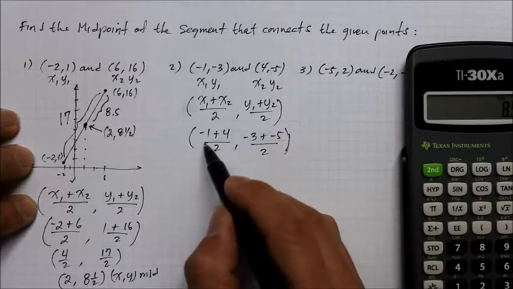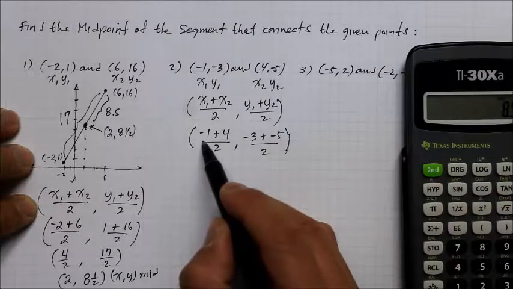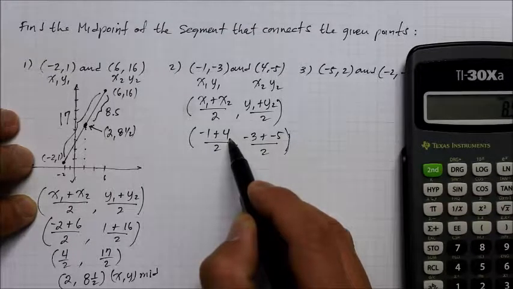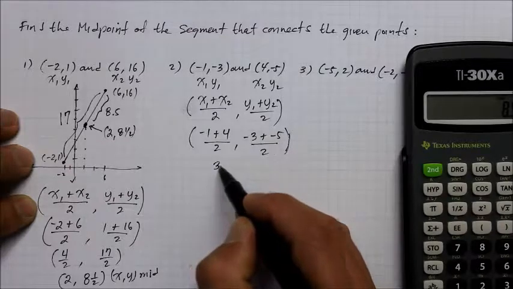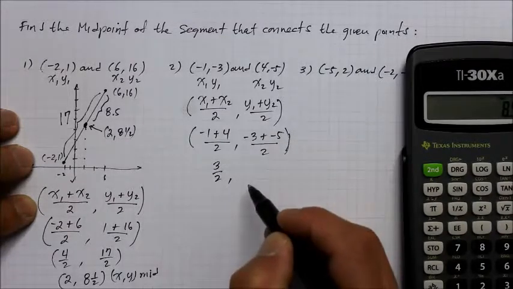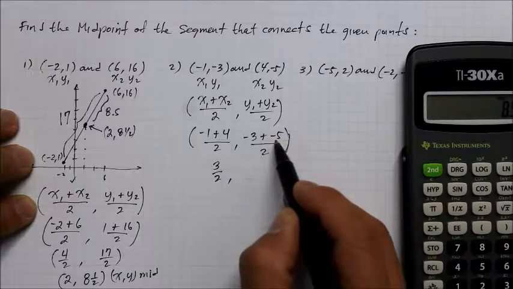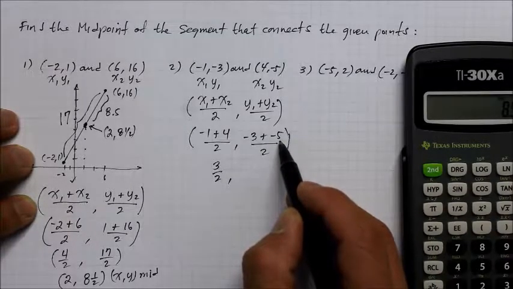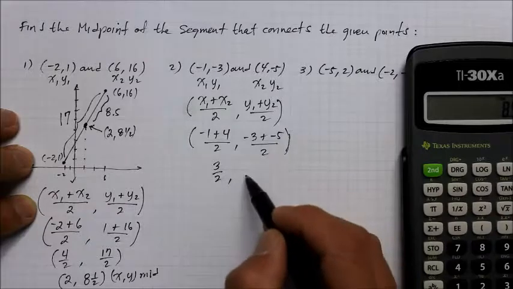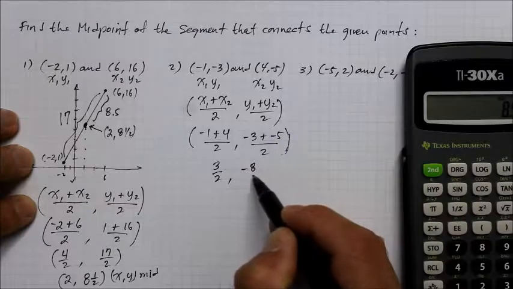So negative 1, it's like saying you owe the bank $1, you put in 4, guess what your balance is? Yeah, $3. And negative 3, 3 bad guys, added to 5 more bad guys. How many bad guys do you have total? 8 bad guys.